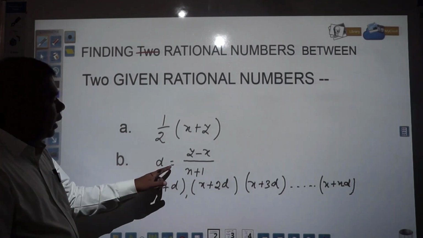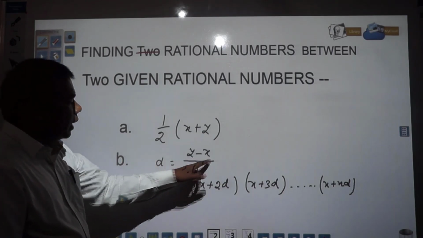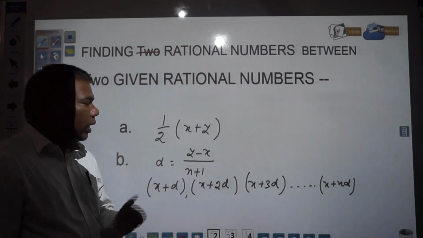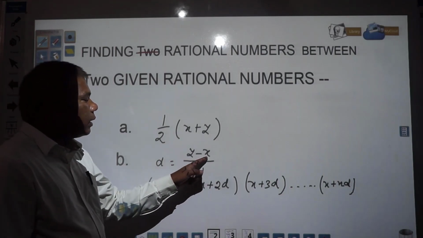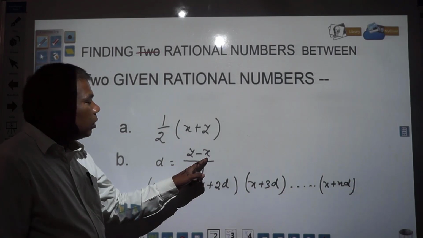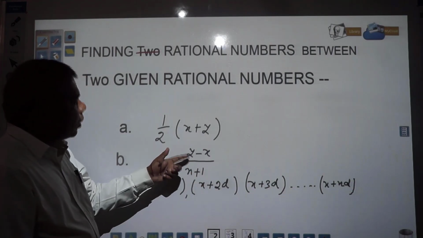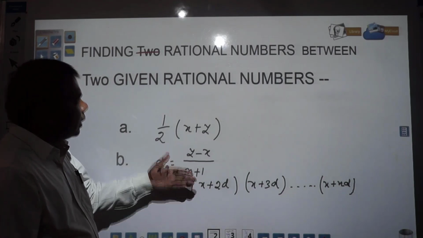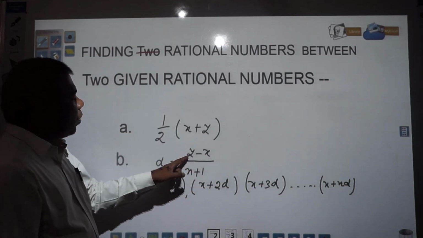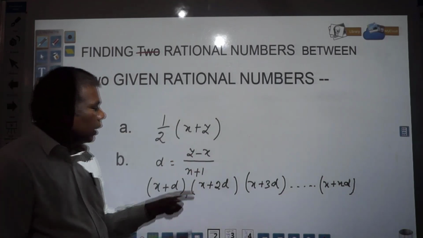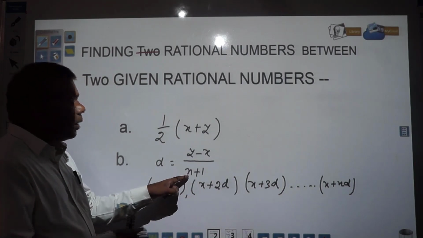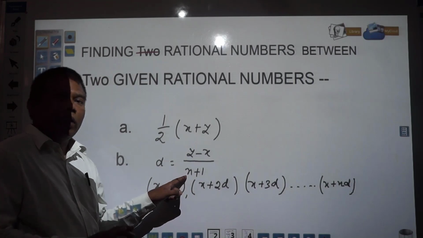And what is d? d is equal to y minus x divided by n plus 1, where again y and x are rational numbers, not integers. We are not taking integers here, we are taking rational numbers. And n is how many numbers you need to find in between.